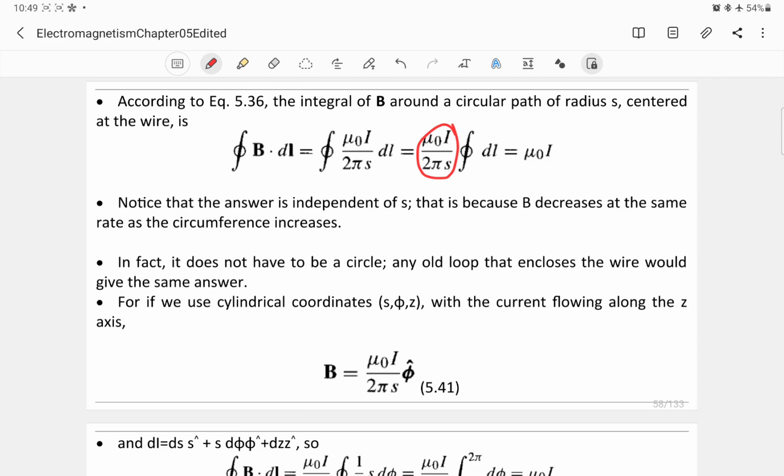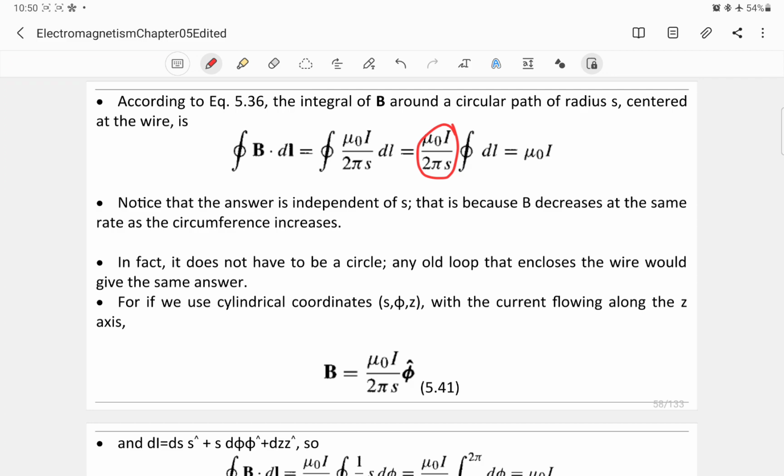But notice that the answer is independent of s. That is because B decreases at the same rate as the circumference increases. In fact, it does not have to be a circle. Any old loop that encloses the wire would give the same answer.